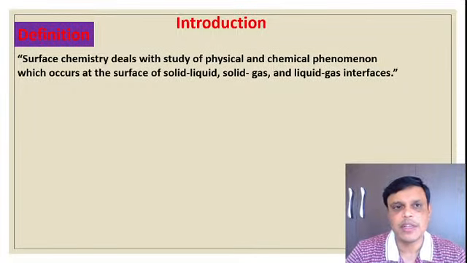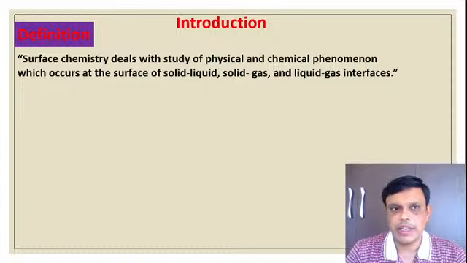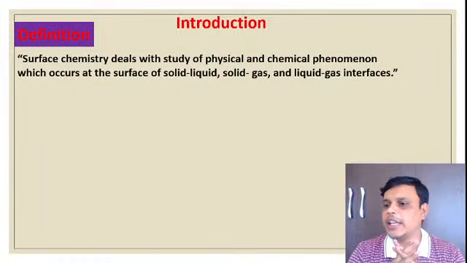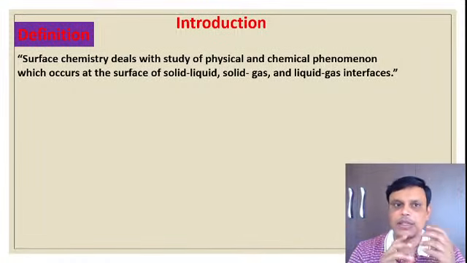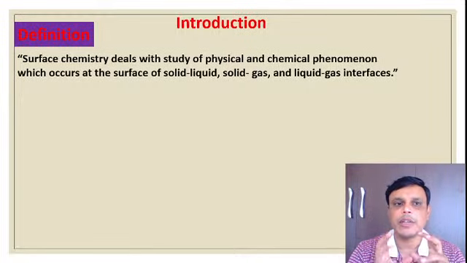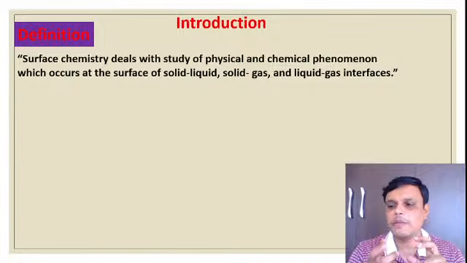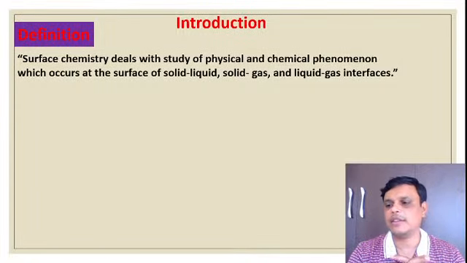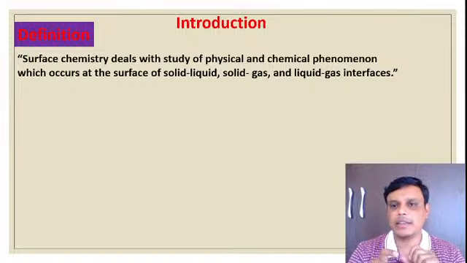Surface chemistry means the phenomenon or the interaction which is taking place at the surface of any substance. That substance may be solid, it may be liquid. So whatever the chemical, physical phenomena that are taking place at the surface of that substance, and to study that phenomena, that is called surface chemistry.